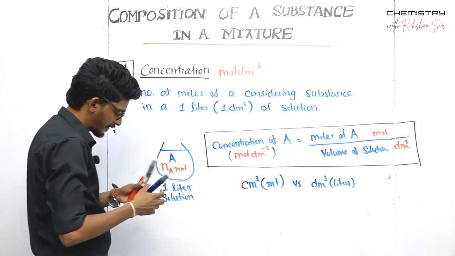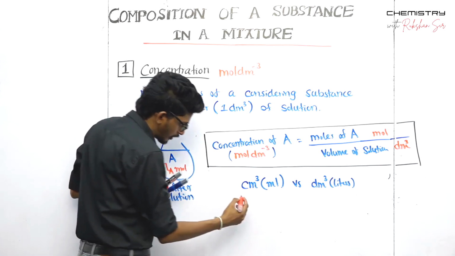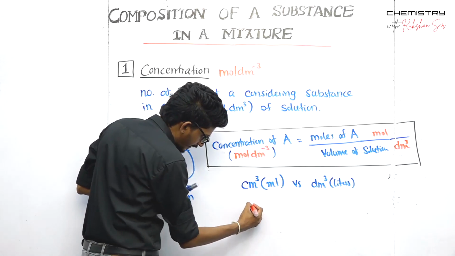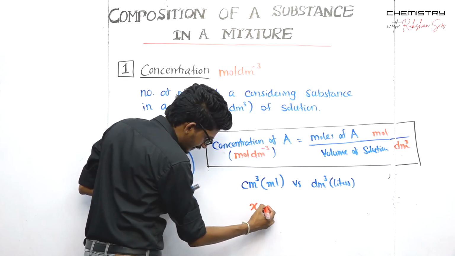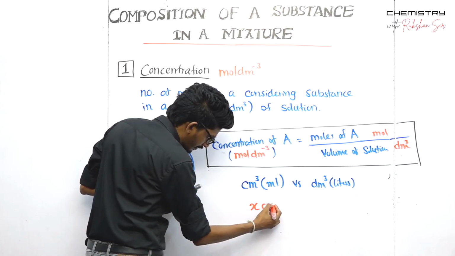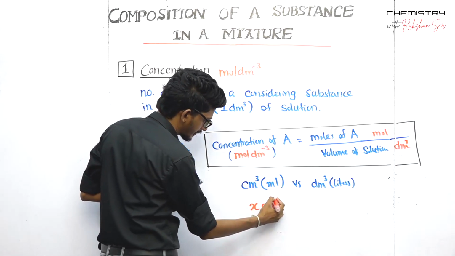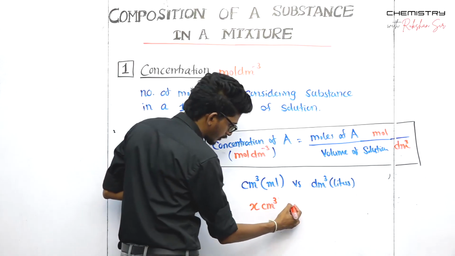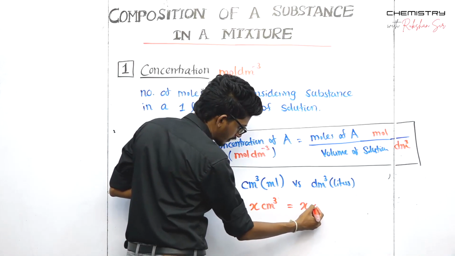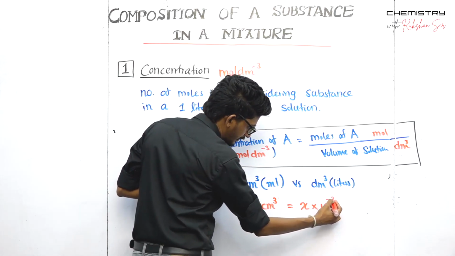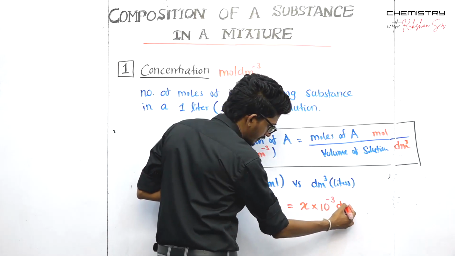If you have x cubic centimeters, that is equal to x into 10 to the power minus 3 decimeter cubes.